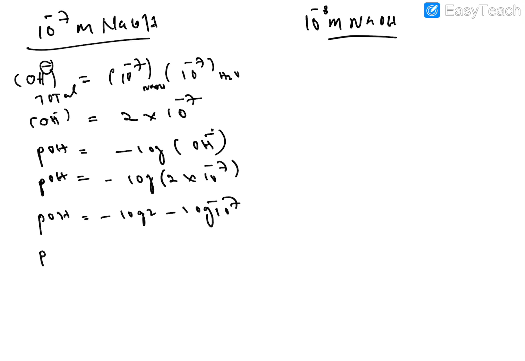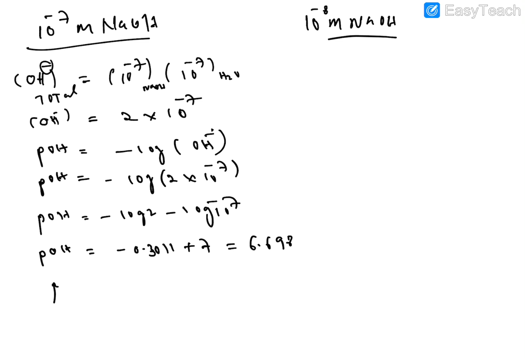And we'll get this value, that minus into minus plus 7 and plus 7 into minus log 2 value, that pOH is equal to 0.301 plus 1, log 10 is 1. So now we'll get the pOH value, that equals what value we got here, 6.698.